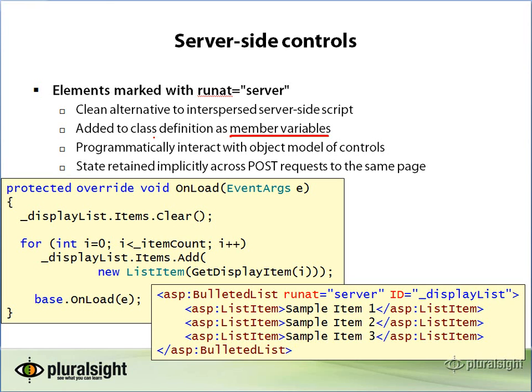And this gives you a much cleaner way of generating content dynamically and having it rendered to the client without having to clutter the markup on your page. And there is one other thing to be aware of, and we'll talk more about this later, which is the fact that the state for these server-side controls is implicitly maintained across post requests back to the same page.